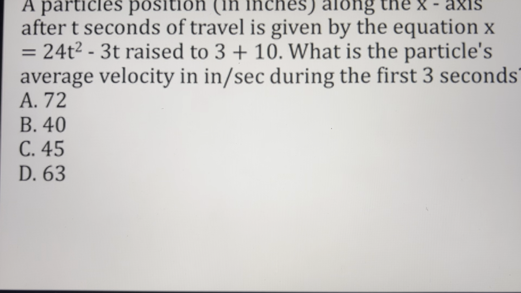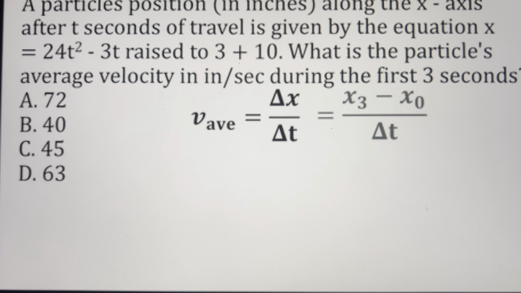A particle's position in inches along the x-axis after t seconds of travel is given by the equation x is equal to 24t squared minus 3t raised to 3 plus 10. What is the particle's average velocity in inches per second during the first 3 seconds? So the average velocity is the change of our position over the change in time. Meaning in terms of the first 3 seconds, that will be the position at the 3rd second minus the position at the 0th second over the change in time. Meaning we have to solve for x when t is 3 and t is 0.